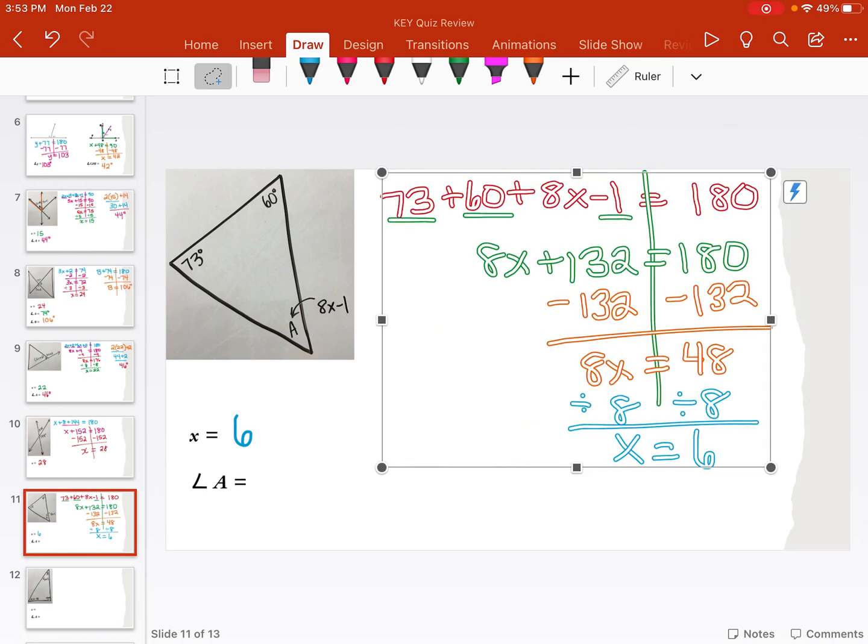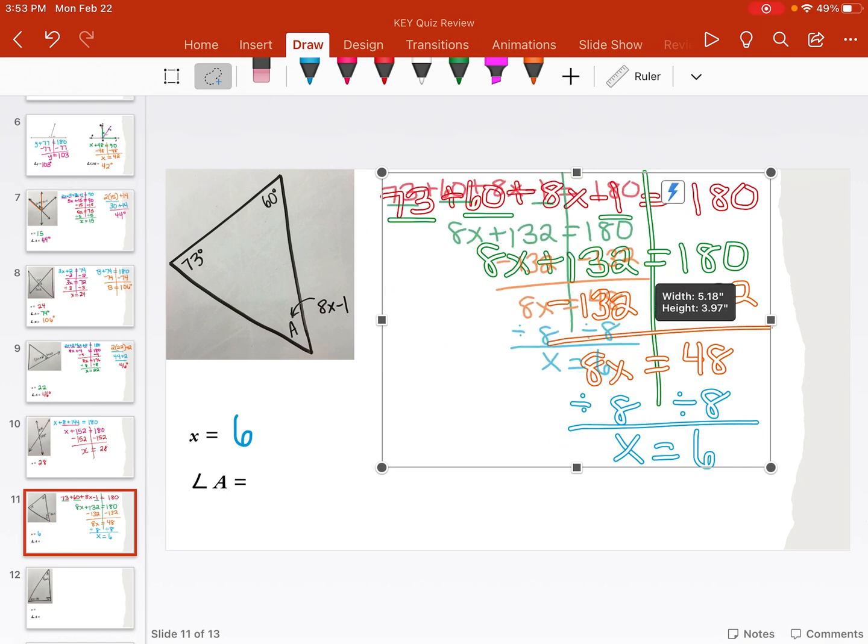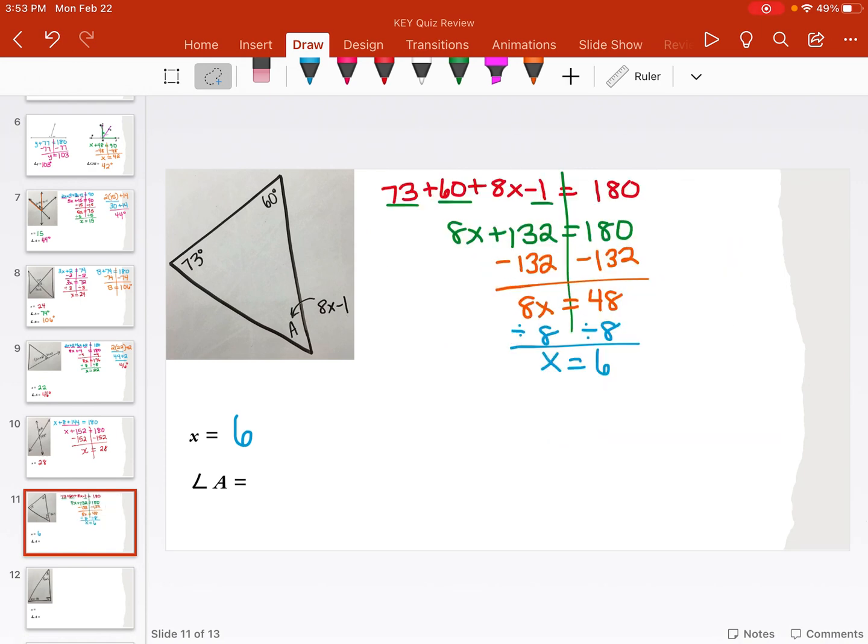Then they do ask for angle A. I could plug the 6 back in for the x, or even easier, just look at it. We already know 2 of the 3 angles, so we could just do 180 minus 60 minus the 73 to see what's left over. So angle A plus 73 plus 60 equals 180.